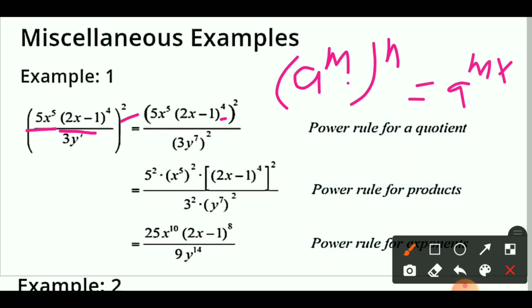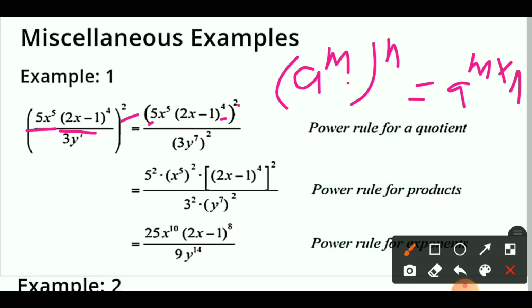Okay, can you see? So first, in the beginning, here we have 5.